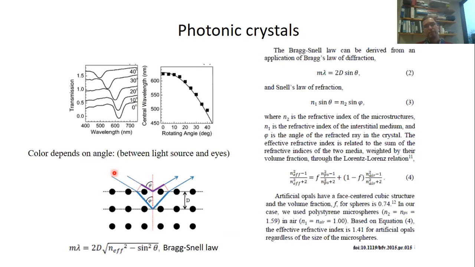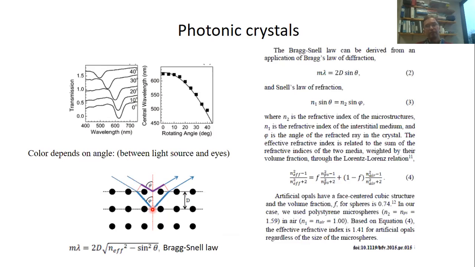Okay, because in the visible range, in addition to the diffraction phenomena, we also have the refraction phenomena to consider. And the refraction now depends on the refraction index on the material. And that refraction index determines by which angle the incoming light ray is actually bent as it enters the material.